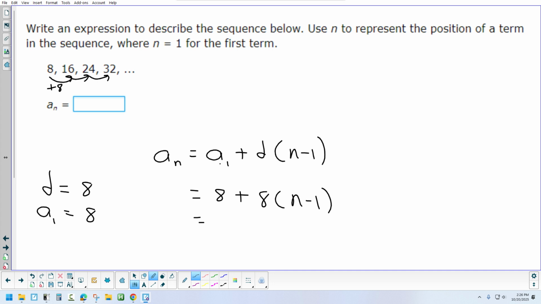What property do we have to use to simplify that? Distribute. What's 8 times n? 8n. And what's 8 times negative 1? Negative 8. When you combine your like terms, positive 8 take away 8 is 0. These cancel out. So what's the only thing you're left with? You're just left with 8n.